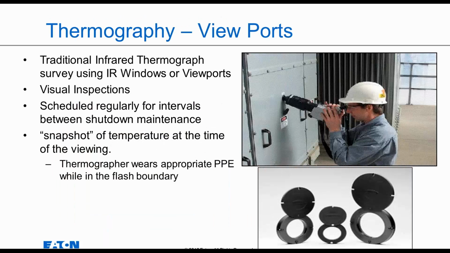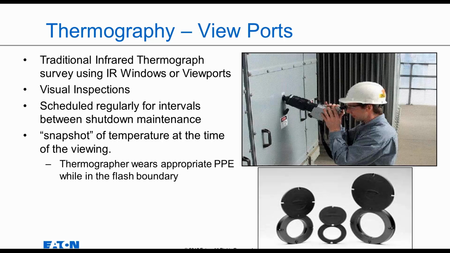Thermography has been around for a long time and is used in a lot of places. Infrared windows in the gear let you do visual inspections at regular intervals. The only problem is it is a snapshot of temperature at the time of viewing. If you happen to catch it, say, when there's no load on a particular breaker or bus, you may not see that temperature.